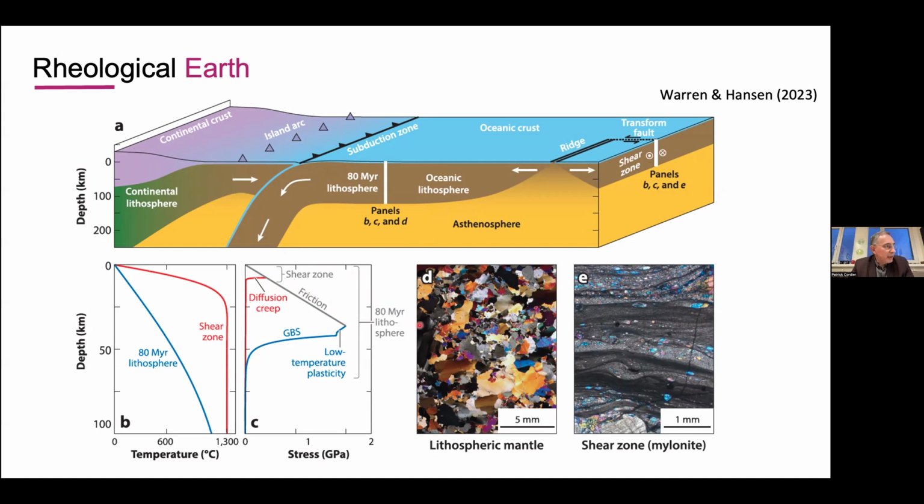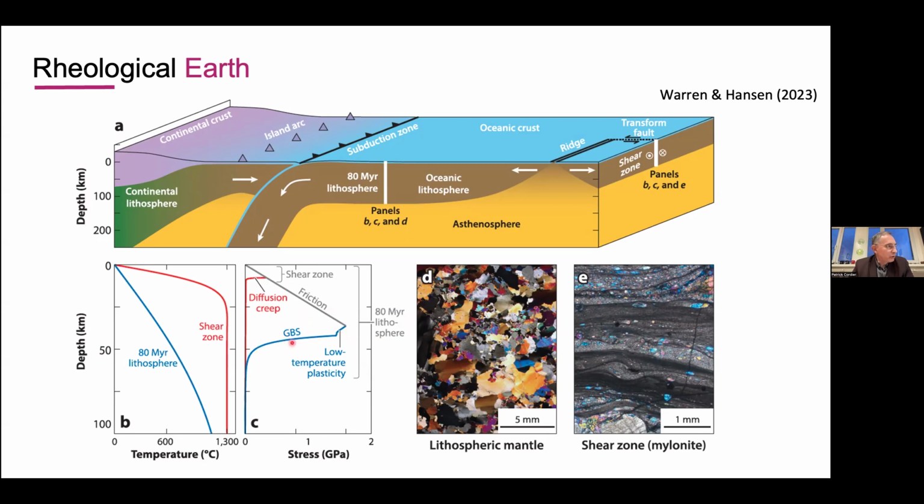Of course it depends, and here in this paper from Warren and Hansen, they used the grain size as a parameter. When it's very small, you meet earlier the transition to diffusion creep, and when the grain size is coarser, it comes later and it goes to another regime.